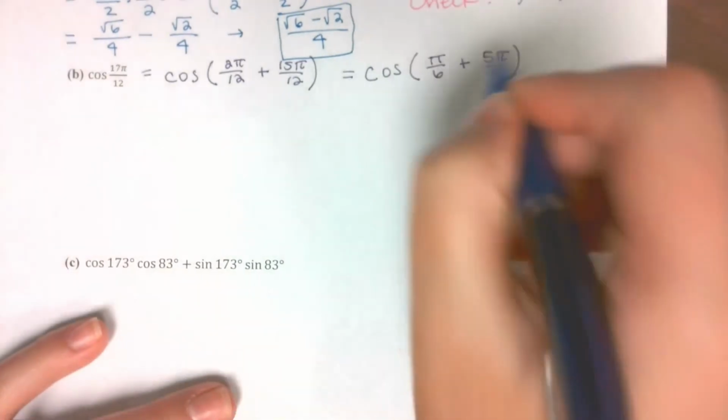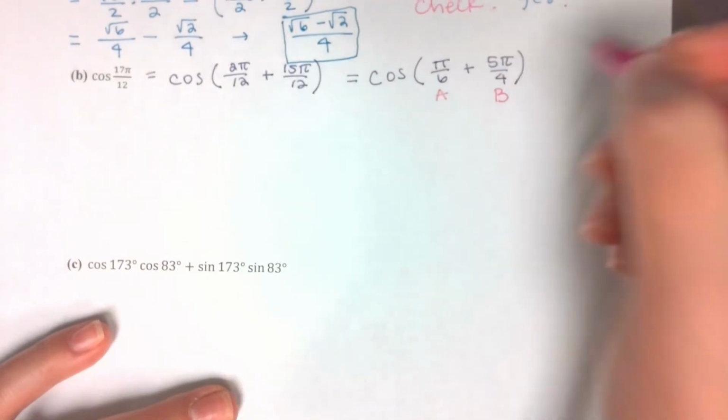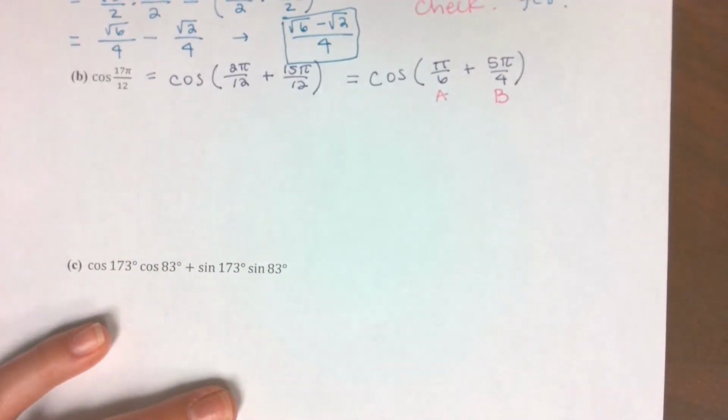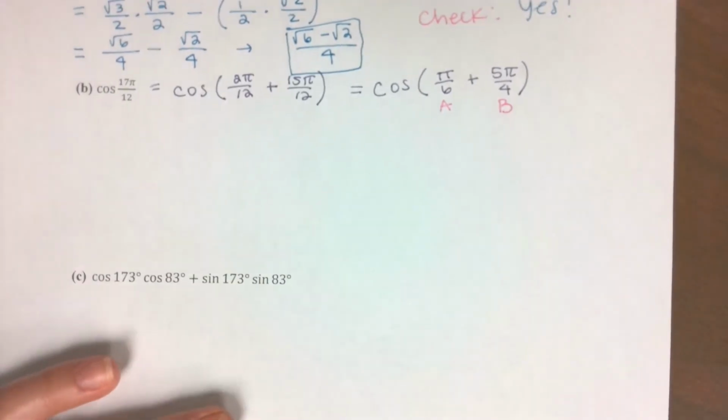Alright, so now we have it split up. So we're going to let pi over 6 be A, and then 5 pi over 4 is B. Okay, and we are adding, so again, we're going to use a sum identity for cosine.